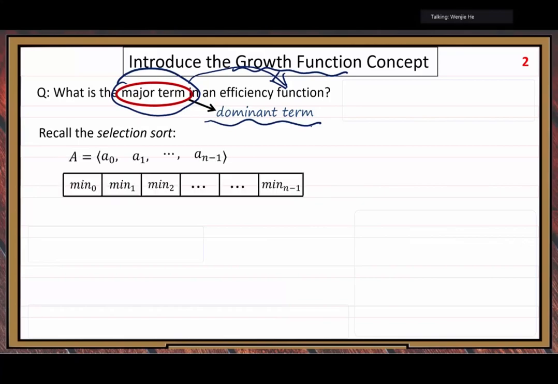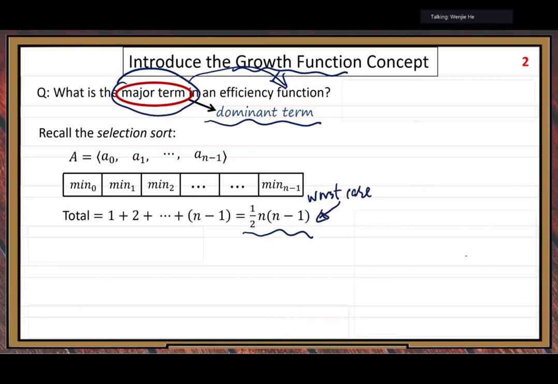In the selection sort, we know the total number of comparisons for the worst case. Now we want to simplify this counting number.